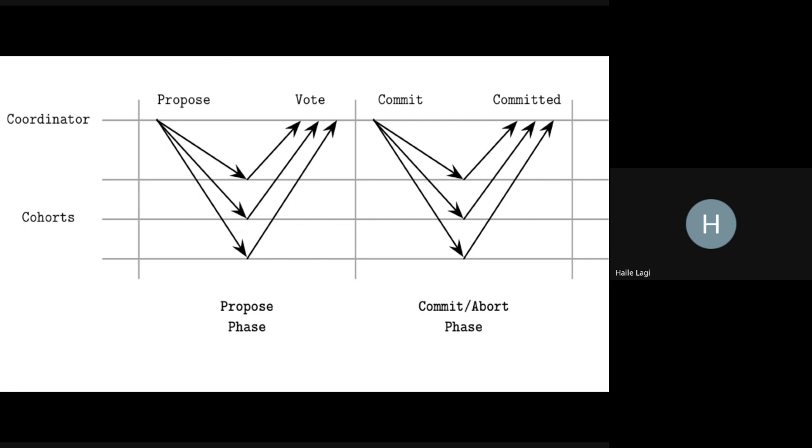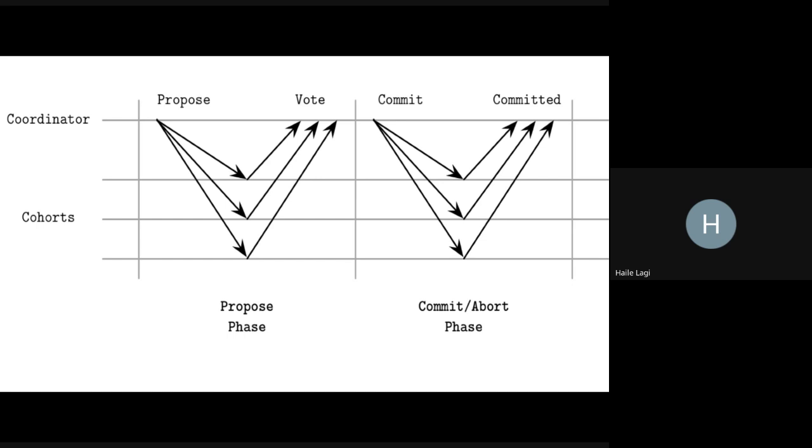Right, but the question is more: how do you know that you only need a propose and commit phase? What if you need an acknowledgement that the nodes received the propose, and then the commit, and so on and so forth? Why would a three-phase be better than a two-phase?